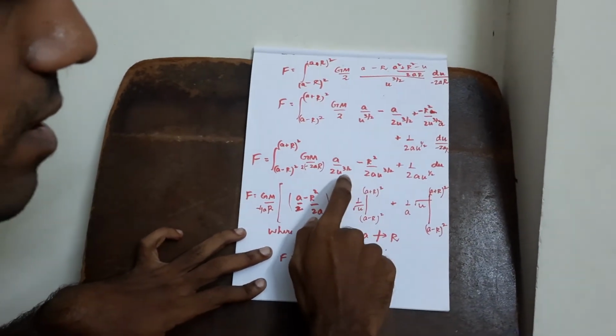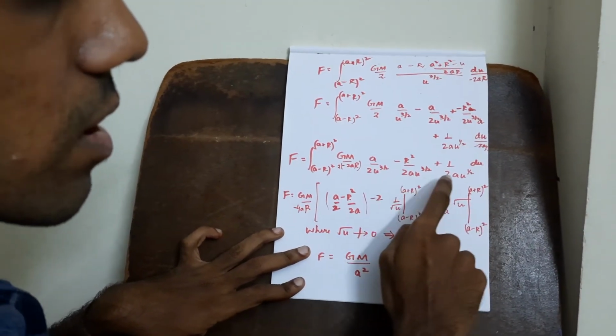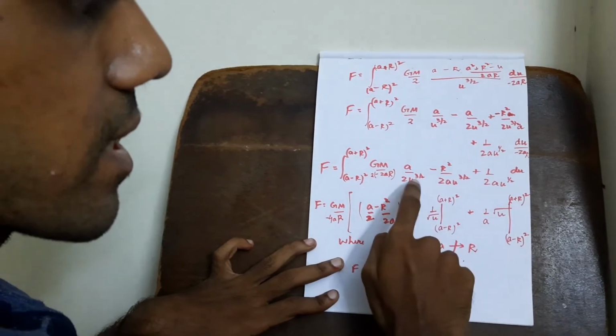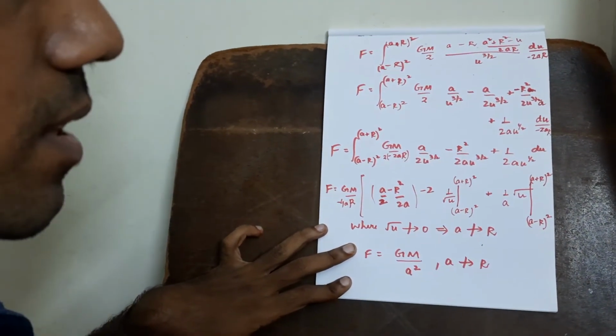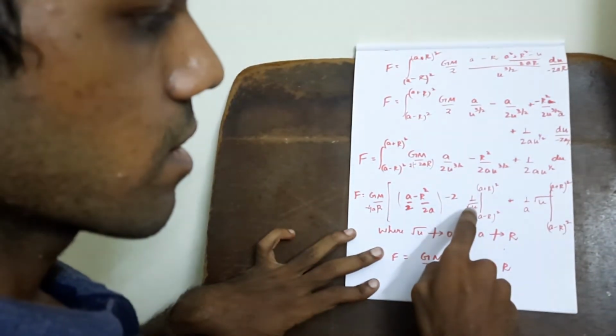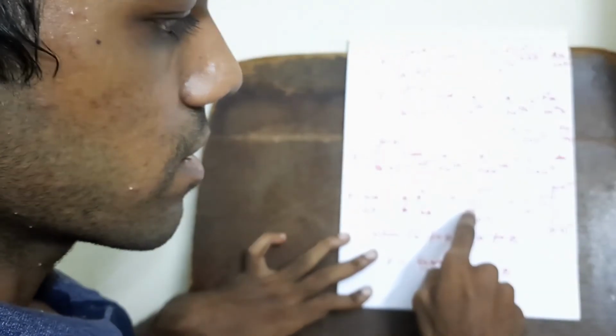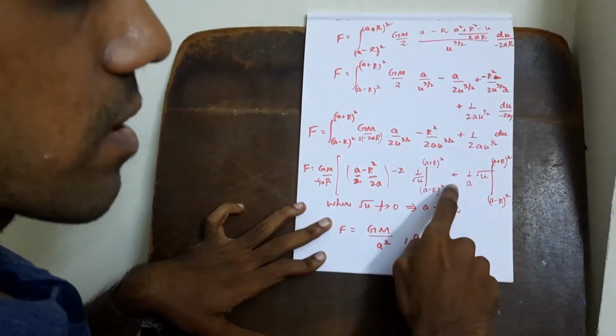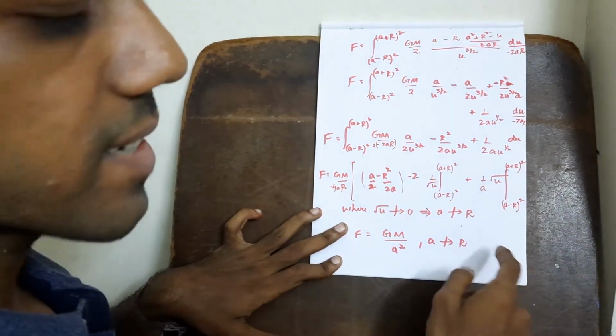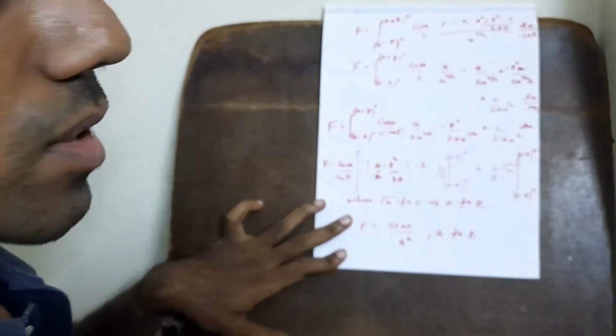When we use a condition here where u should not tend to 0, in the integration of 1 by u power 3 by 2 and 1 by u power 1 by 2, the substitution of u as (a minus r) the whole square should ensure that a doesn't tend to r.